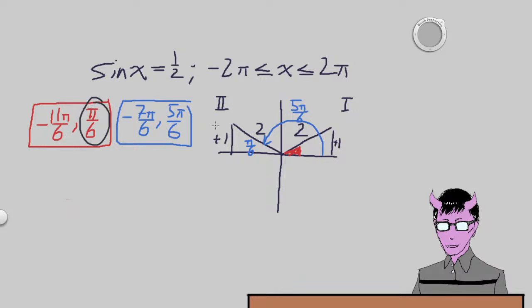Just a spot check. So pi over 6 leads us to this triangle. Yeah, that's 1 to 2. And then we have this one right here. That's going to be clockwise progression from here to there. Yeah, that one checks out as well. And we have this positive 5 pi over 6, which takes us to this triangle. Ratio is 1 to 2. Yeah, that seems legit.